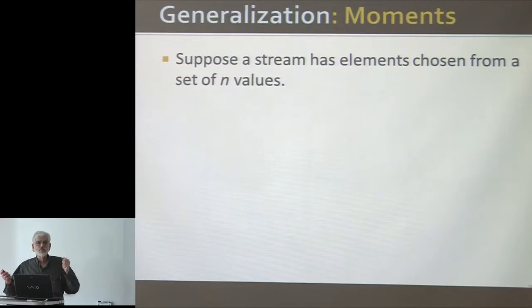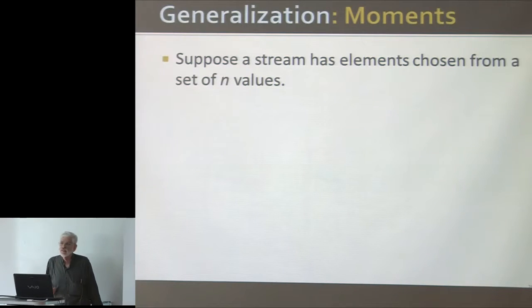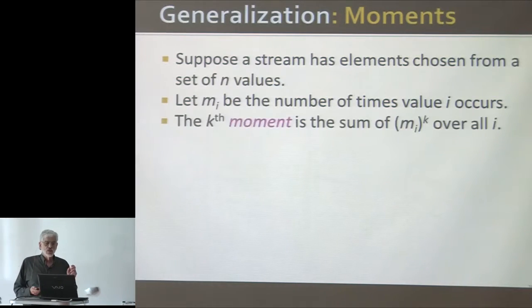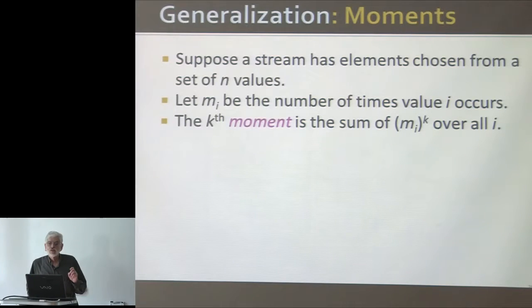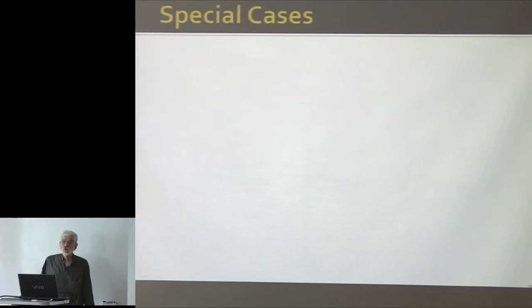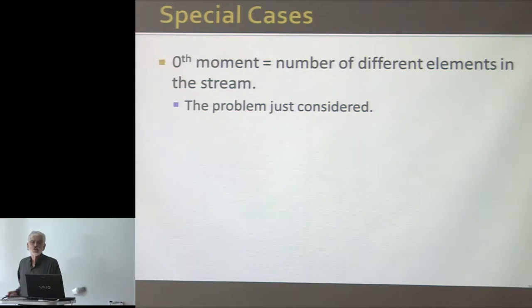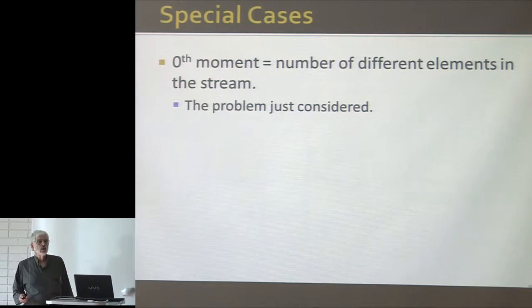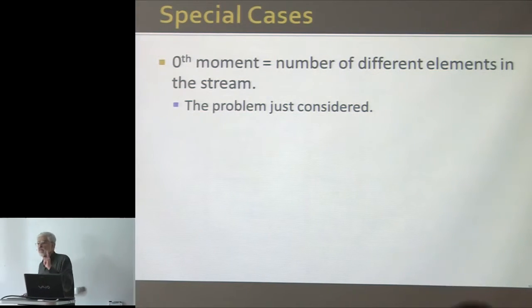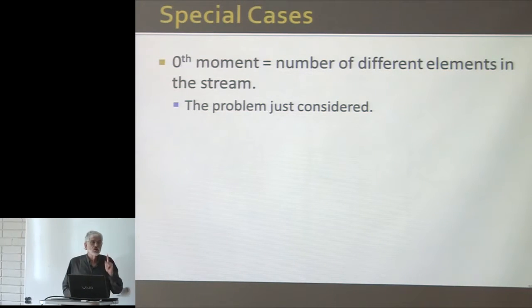There are n different possible values that can appear in that stream, and now I want to let m sub i be the number of times the ith value occurs, and then I'll define the kth moment to be the sum of the kth powers of the counts, the m_i's, summed over all i. So let's look at the 0th moment. Well, m_i to the 0th power is just 1, so I'm counting 1 for every different element that actually appears at least once in the stream.